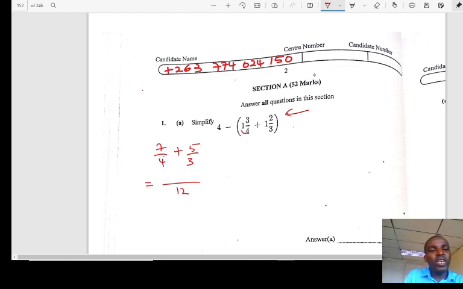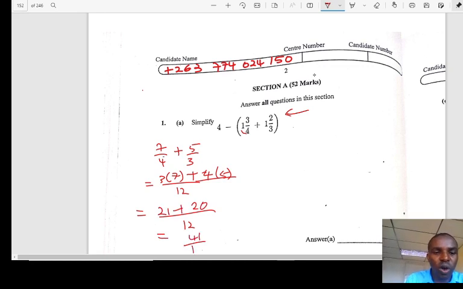Then you say 4 into 12 is 3, 3 times 7, plus 3 into 12 is 4, 4 by 5, over 12. Maintain your denominator. 3 by 7 is 21, plus 4 by 5 is 20. 21 plus 20, you get 41 over 12.